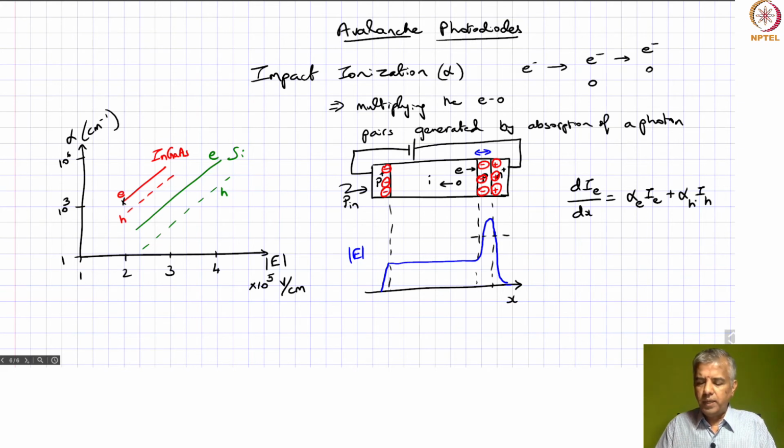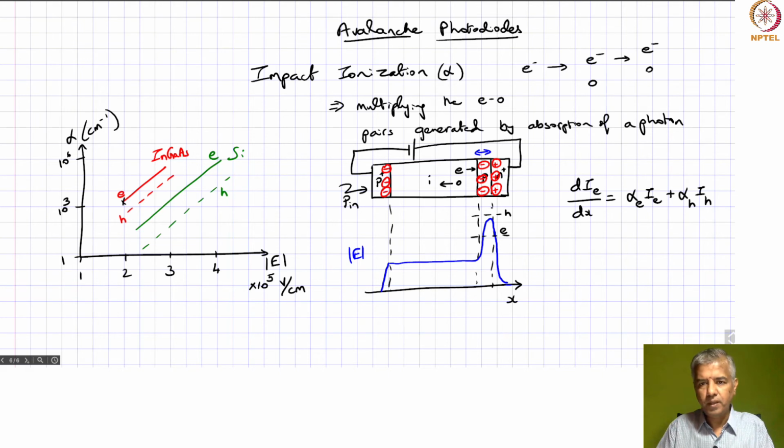Now, if I can get both electrons as well as holes generating impact ionization, then I can get larger gain. So in this picture, if this is the threshold for electrons, my hole threshold is somewhere over here, because the holes take a larger electric field to generate that sort of multiplicative gain.